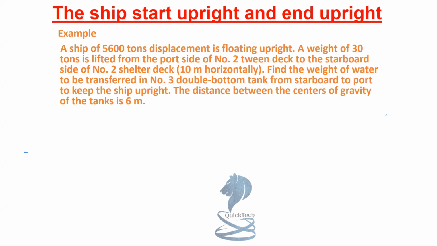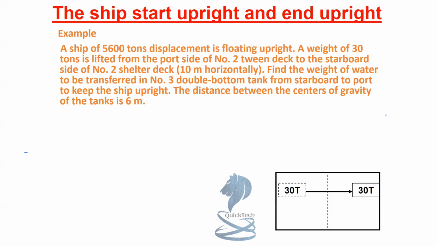Find the weight of water to be transferred in number 3 double bottom tank from starboard side to port to keep the ship upright. The distance between the centers of gravity of the tanks is 6 meters. So as in the diagram we see 30 tons is shifted from port to starboard side horizontally at a distance of 10 meters.